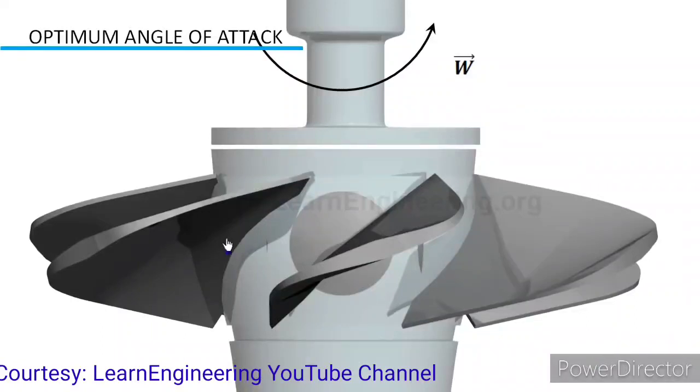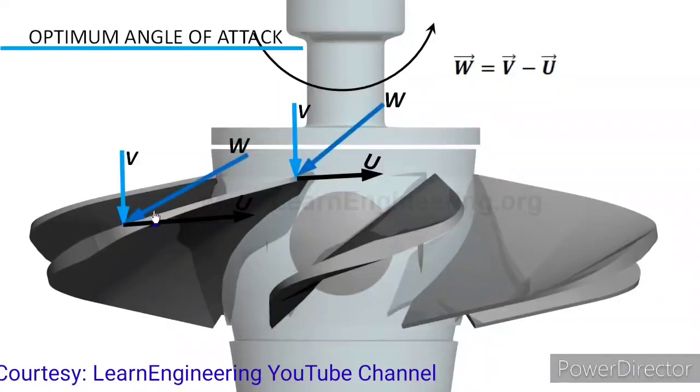Even though the absolute velocity is axial, the relative velocity will be inclined, depending upon blade velocity. The inclination of relative velocity increases from root to tip, due to increasing blade velocity. There should be a continuous twist in the blade, from root to tip, so that at every cross-section the angle of attack is optimum.